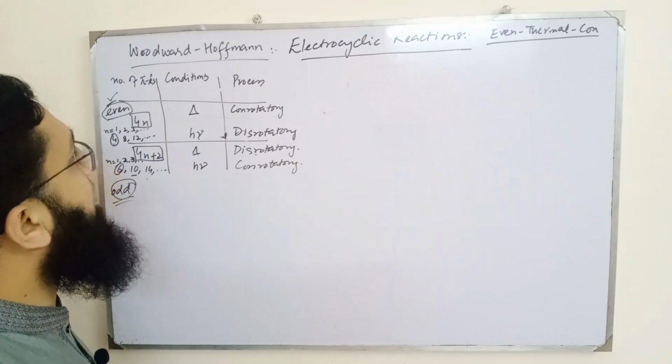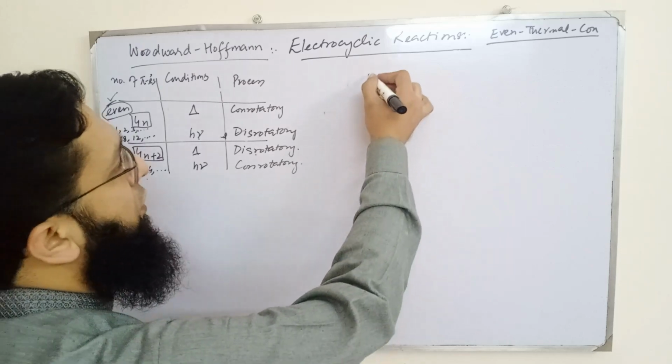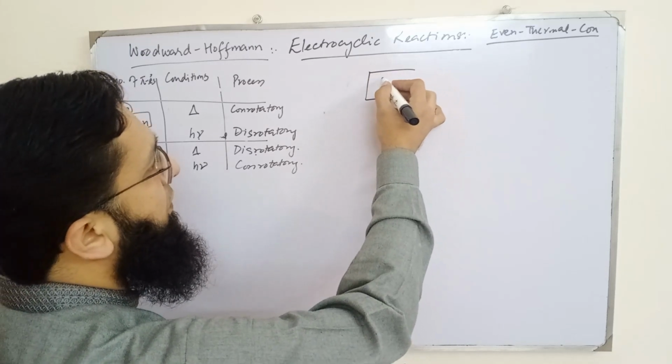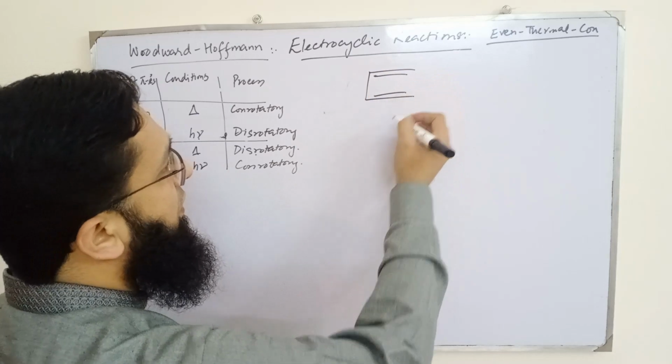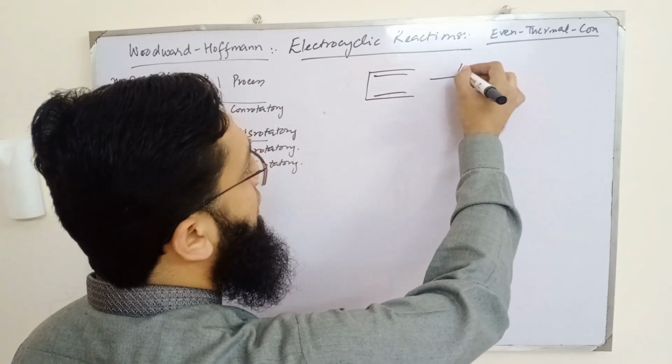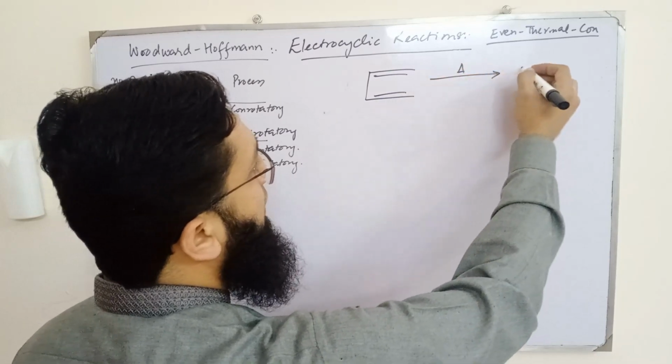Now we see how Woodward-Hoffmann rules can be applied to molecular orbital diagrams in ring closing reactions, for example. So this is 1,3-butadiene, and it undergoes cyclization under thermal conditions.